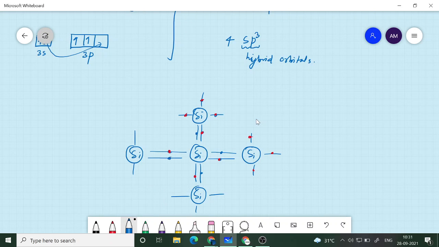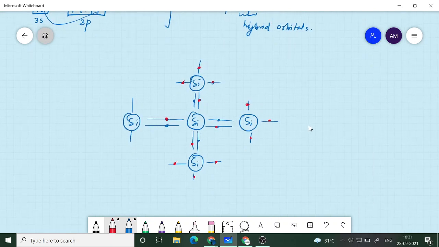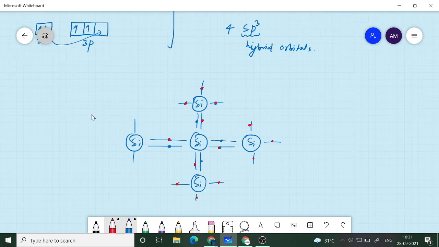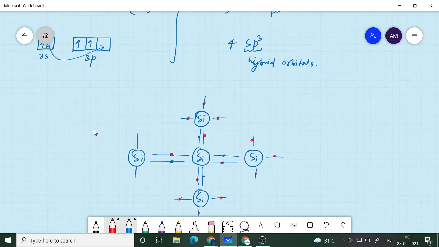So blue belongs to the central atom and red belongs to the neighbors. But when they share this, they will have 8 electrons satisfied in the outer shell. So that is why the tetrahedron shape is the symmetric way of bringing 4 neighbors in order to satisfy this bond. That is why it takes that particular shape.